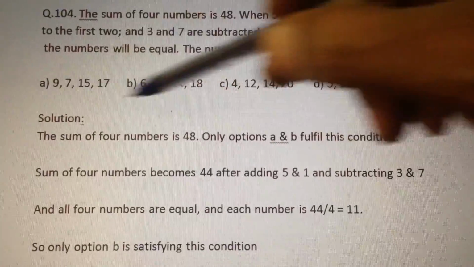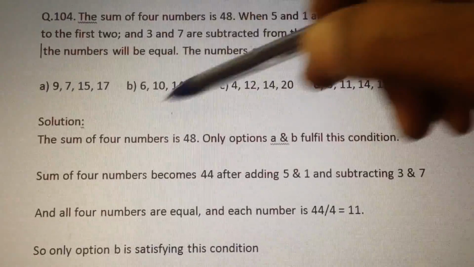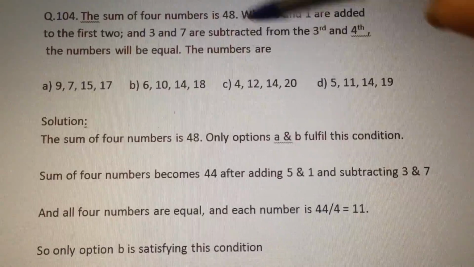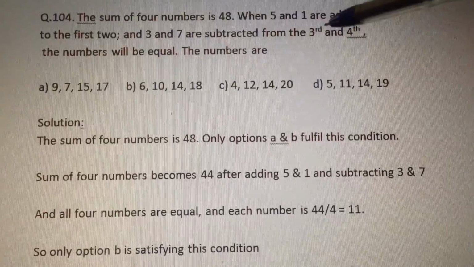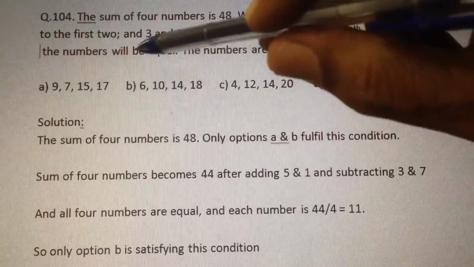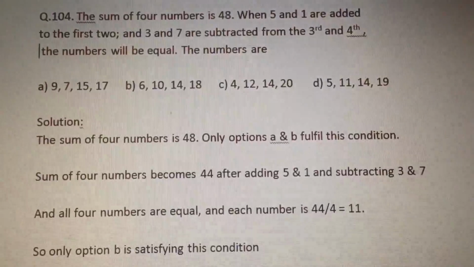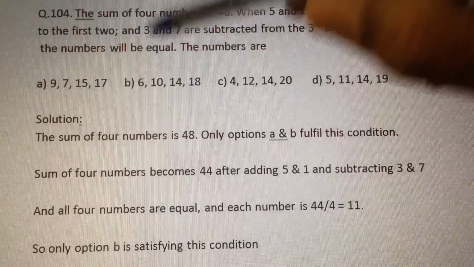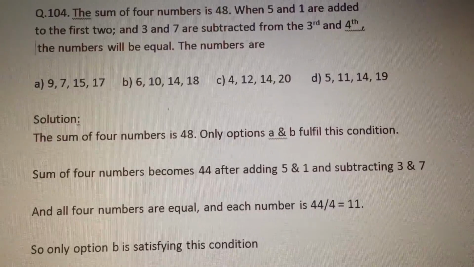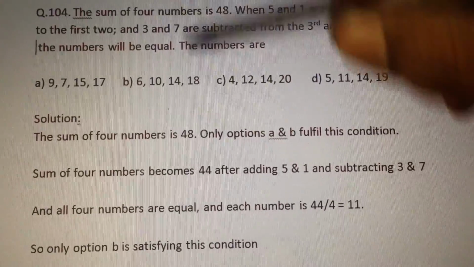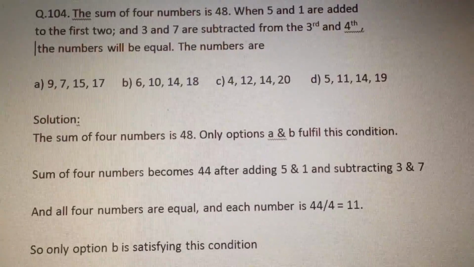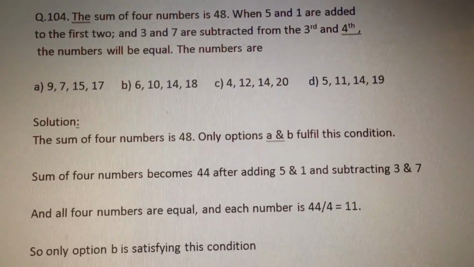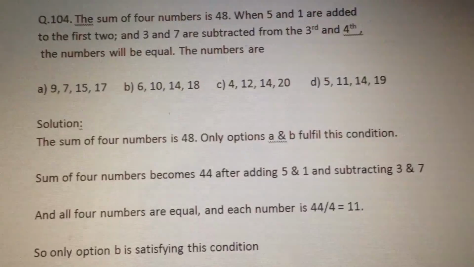In these two options, only B is satisfying this particular condition, because if we add 5 to the first number 6, that becomes 11, and if we add 1 to the second number, that becomes 11. Similarly, if you subtract 3 from 14, that becomes 11, and 7 from 18, that becomes 11. So our answer is option B.